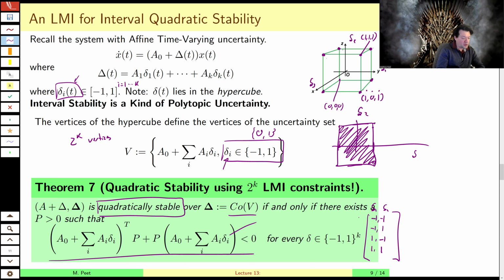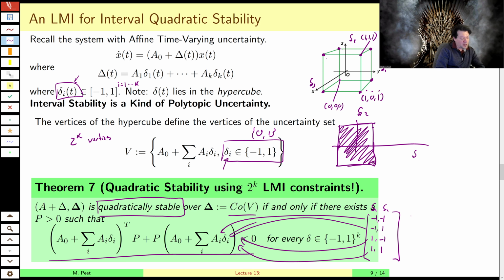So in order to prove quadratic stability, we plug this value of delta in. That gives us an LMI. Then we plug this value of delta in. We get another LMI, which we append to the original problem in YALMIP, as an additional constraint. Then we add an additional LMI constraint, and then a 4th additional LMI constraint. Of course, if there are 3 parameters, we would have 8 of these. If there were 4 parameters, we would have 16.